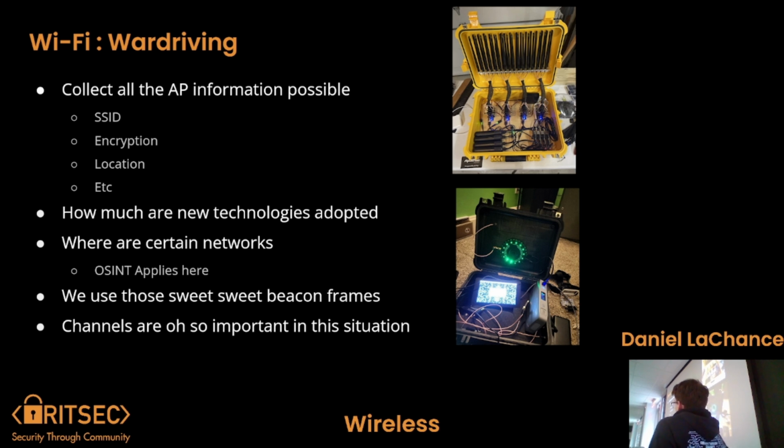And then there's encryption and location. A lot of people like to triangulate the location. Not entirely necessary, but it's still pretty cool when you do it. You can also see what kind of encryption, so WEP, WPA, WPA2, WPA3, or no encryption. And that's how I got that graph from a couple of slides ago.